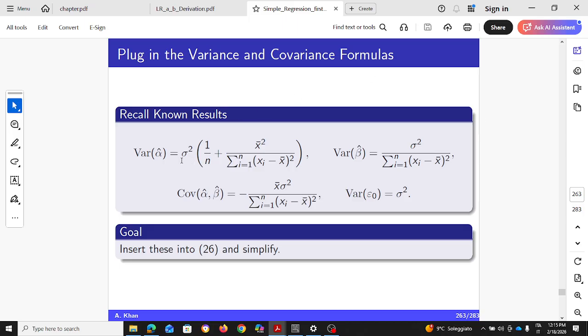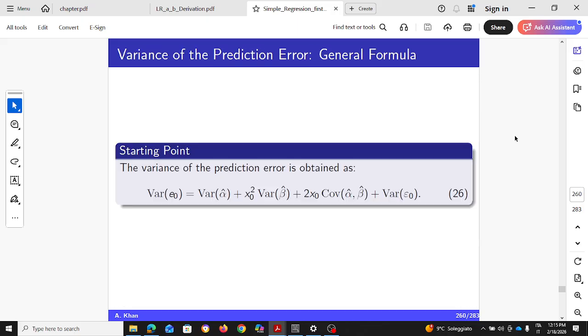We recall these formulas. The variance for alpha is this, variance for beta is this, the covariance is this, and the variance is this. We know these, right? We derived them. Now insert these values back into this formula.